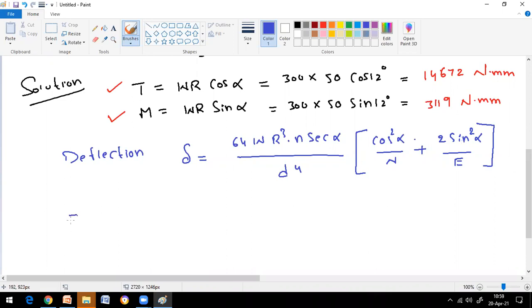Please try to substitute all the values in this formula. Substitute 64.